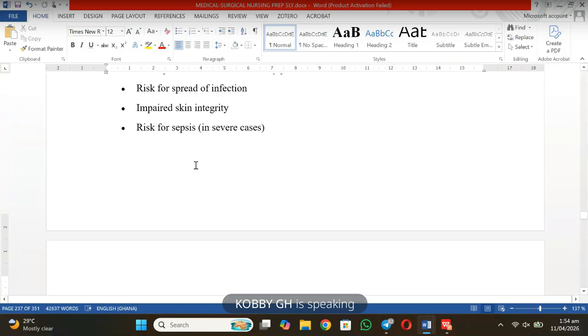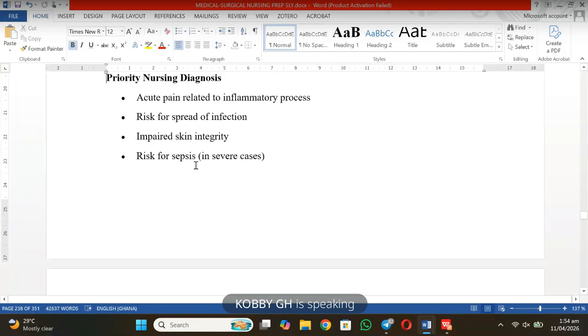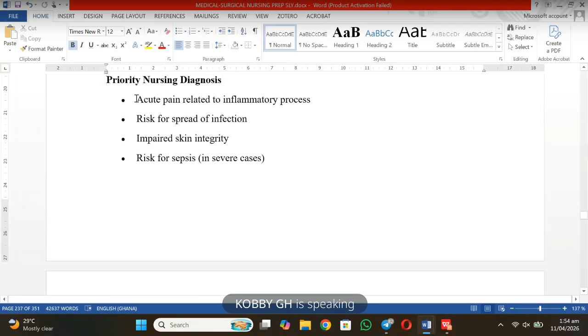Now, the priority nursing diagnosis when you are nursing these patients is acute pain and risk for infection. But pay attention to the acute pain and then impaired skin integrity. If the examiner should ask you your priority nursing diagnosis when you are caring for a patient with a pharyngeal or a carbuncle, it's either acute pain or impaired skin integrity.